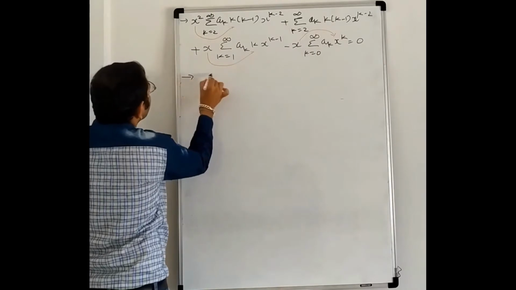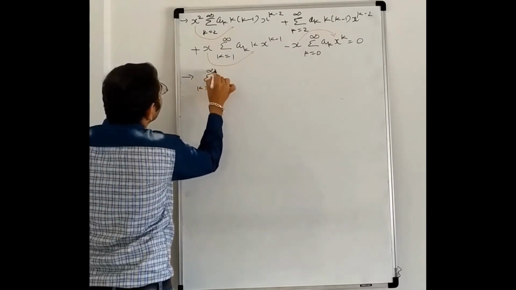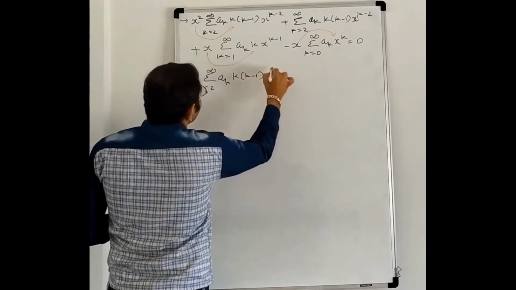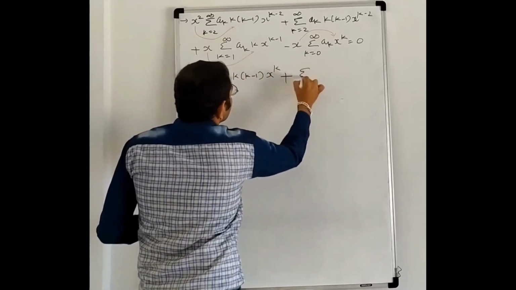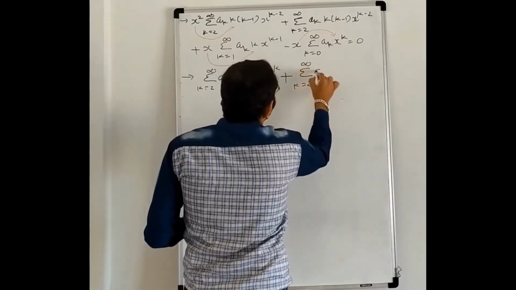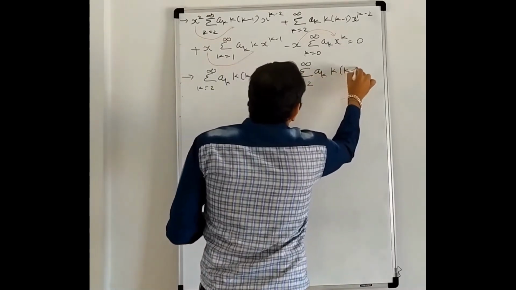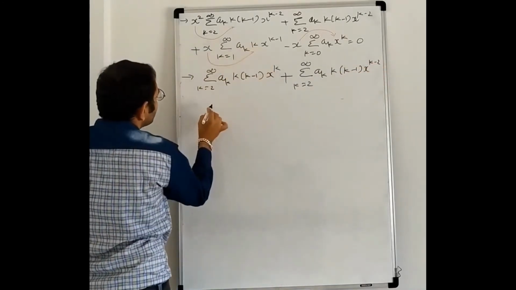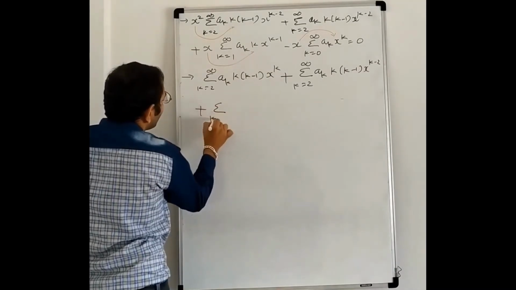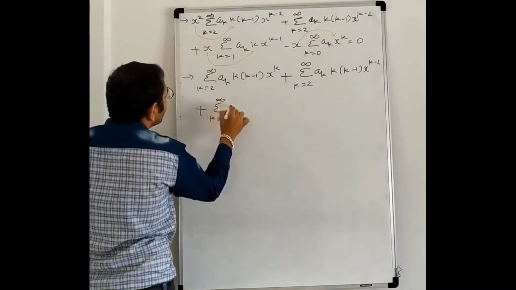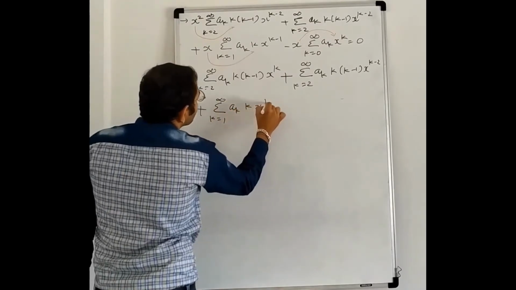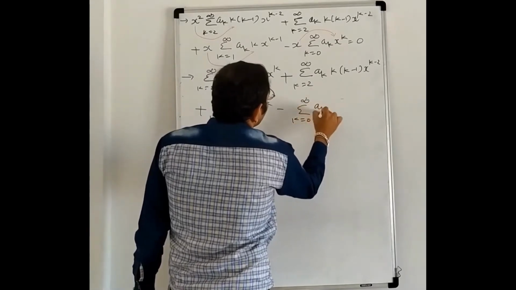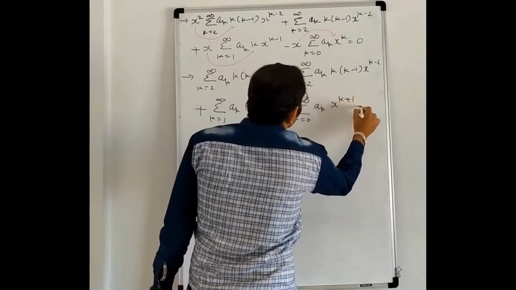Then we get summation k equal to 2 to infinite ak k into k minus 1 x raised to k plus summation k equal to 2 to infinite ak k into k minus 1 x raised to k minus 2 plus summation k equal to 1 to infinite ak k x raised to k minus summation k equal to 0 to infinite ak x raised to k plus 1.